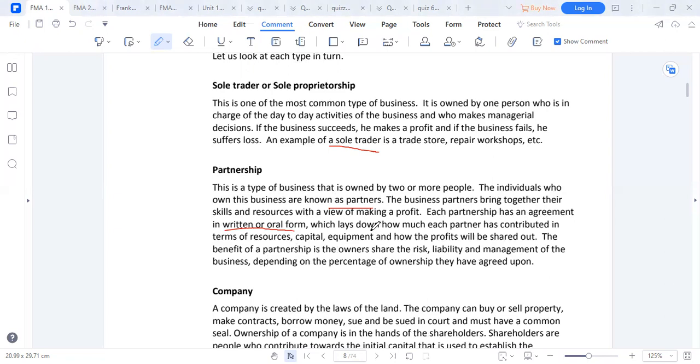This partnership deed will lay down how much each partner must contribute, how the profits will be shared, and how many hours each partner must commit. Okay, so a partnership has its own risk. They share all the risk, they share the profits. They share the liability, and we have what we call unlimited liability, meaning it goes to the very extent of the owners' own personal belongings.